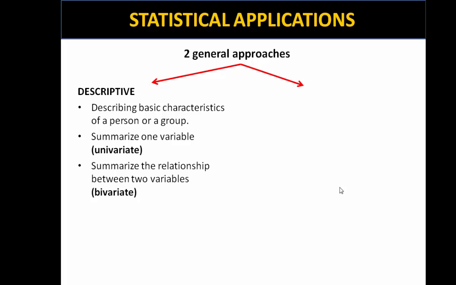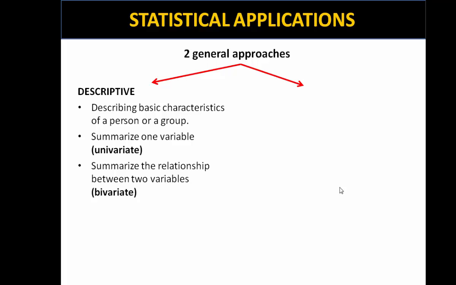There are approaches where we can examine the relationship between two variables. So if we collect information from students at the University of Guelph on age and major that they're focusing on, their course of study, then we have two variables in that study.